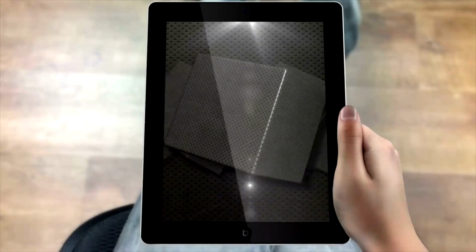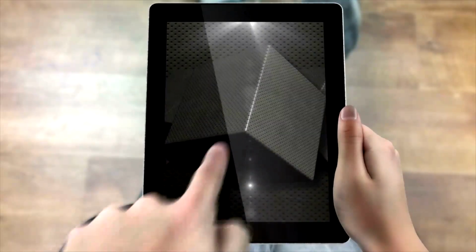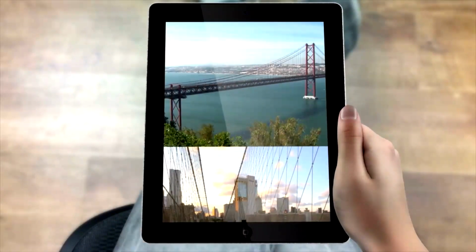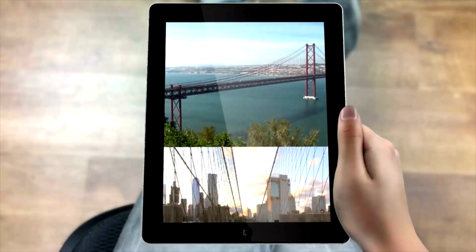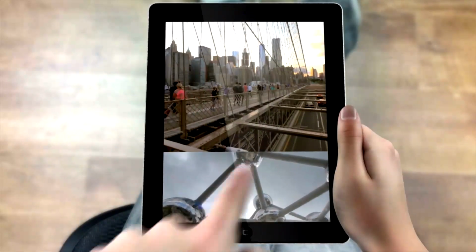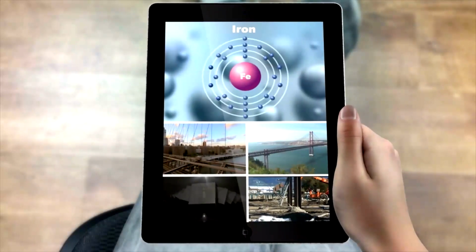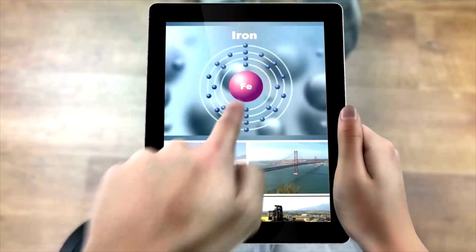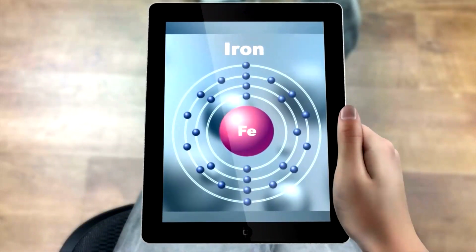For another instance, consider small sections of an iron plate, a joist, or even a large iron bridge. Fe atoms are the building blocks of these structures.